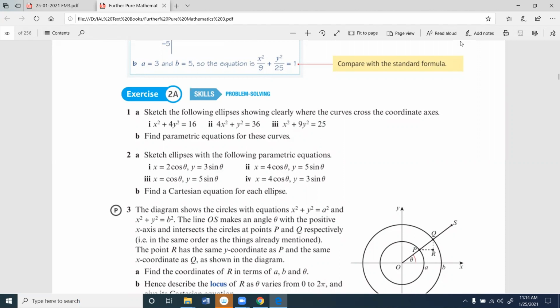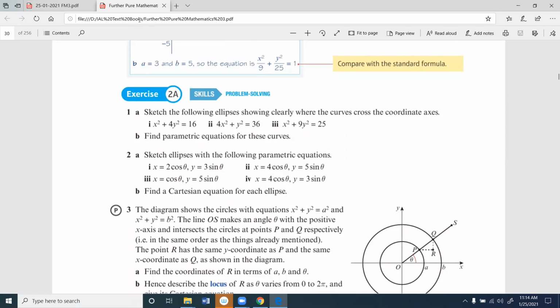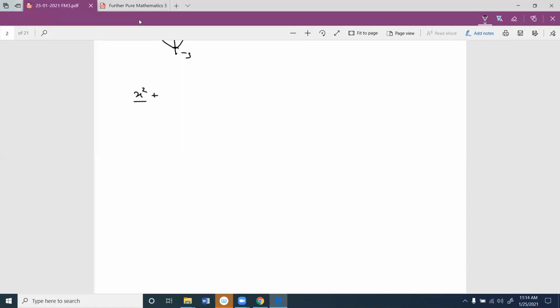So if I just work out this kind of question, x squared plus 9y squared equals 25. If you want to get this answer, you have to divide everything by 25.